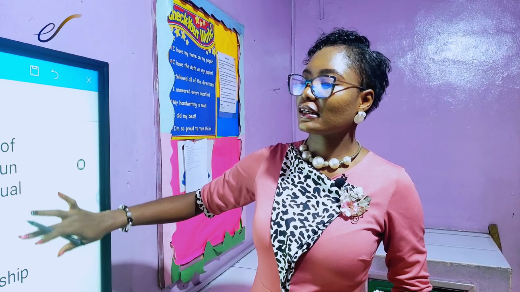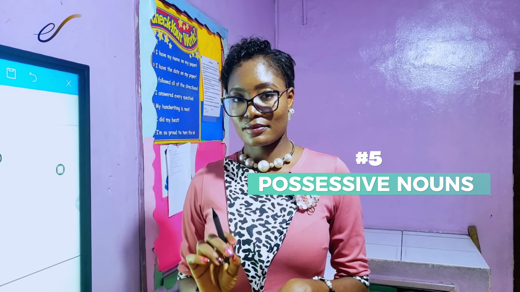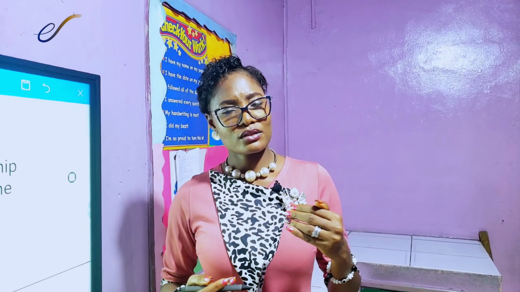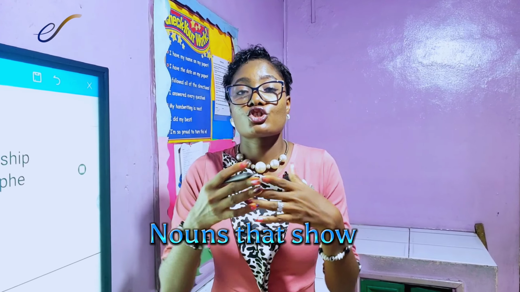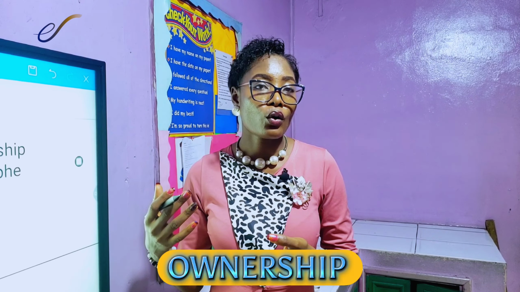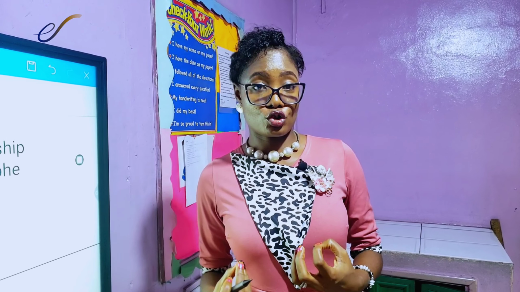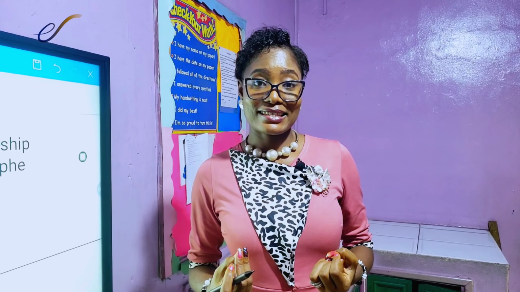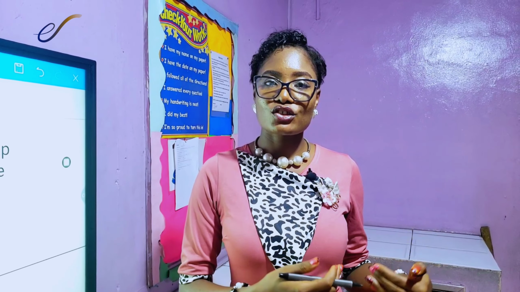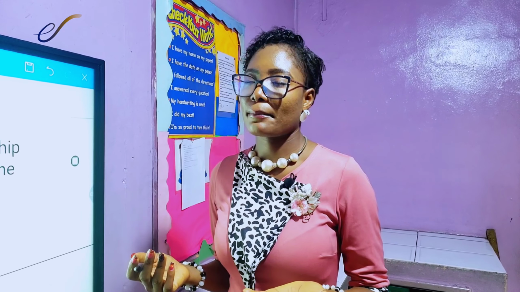And finally, we will be looking at possessive nouns. Possessive nouns are nouns that show possession, just as the name implies, or ownership. When you own something, when something belongs to you, that means you possess it. So we have nouns that actually reflect such possession. I'll give you an example.